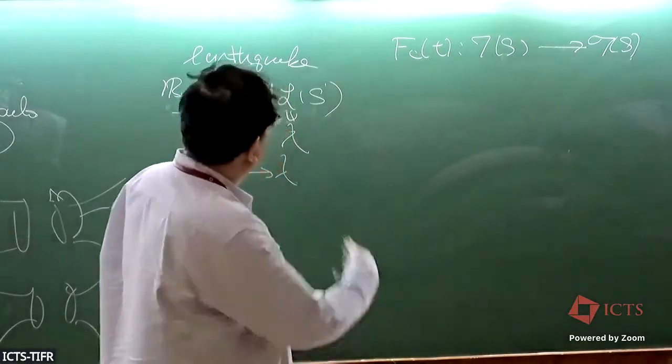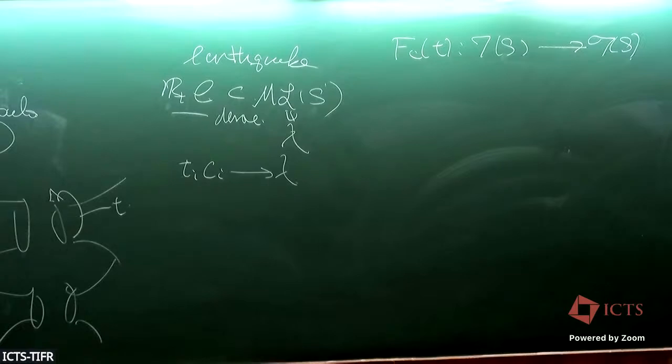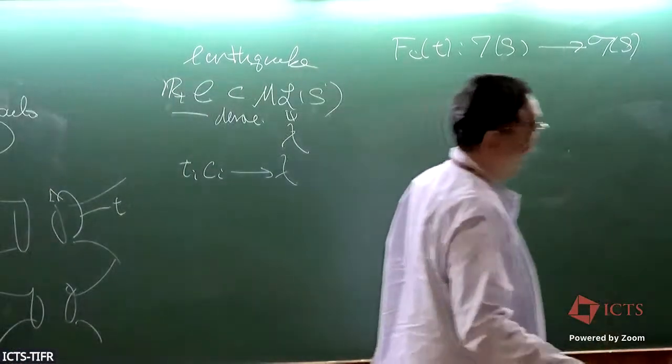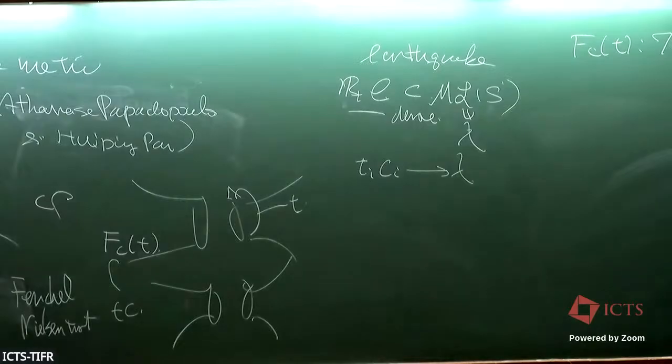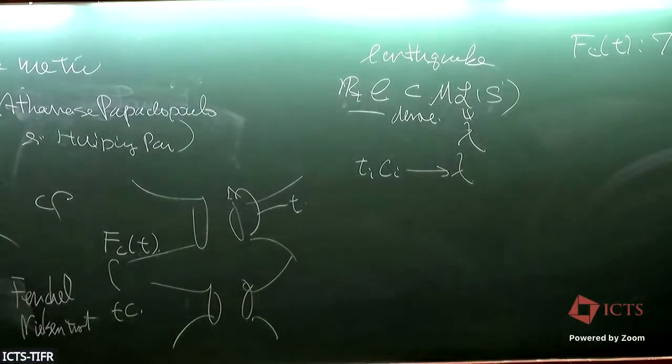And it's rather obvious that it's a bijection, and also rather intuitively clear that it's continuous, and the inverse is also continuous. So this is a homeomorphism of the Teichmüller space.